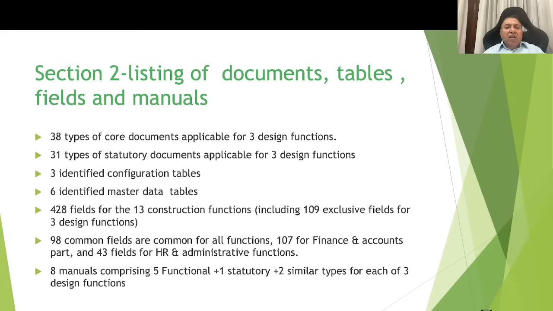Of course, these are just sample illustrations, and there will actually be a few more. 428 fields for the 13 construction functions, including 109 exclusive fields for the design functions, 98 common for all the functions, 107 for finance and accounts function, 43 fields for HR and administrative functions, 8 manuals comprising of 5 functional manuals, statutory manuals, similar types of manuals, etc.